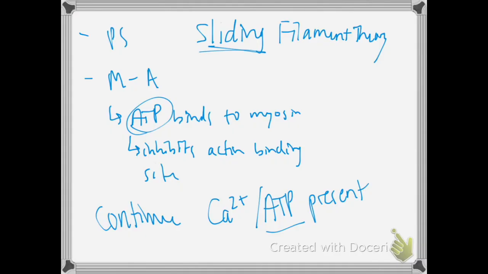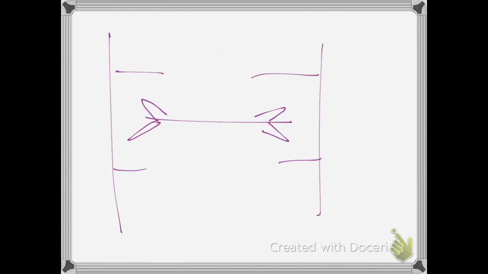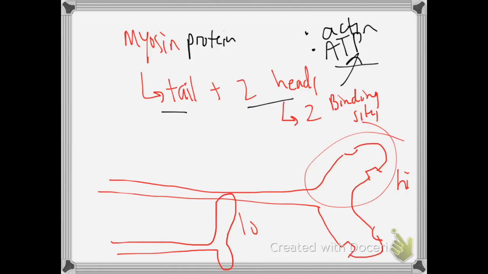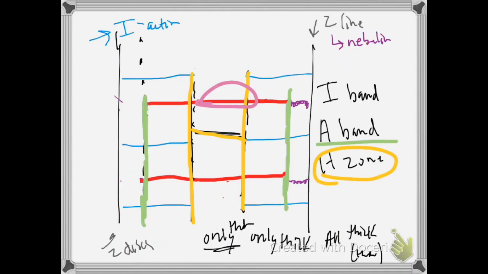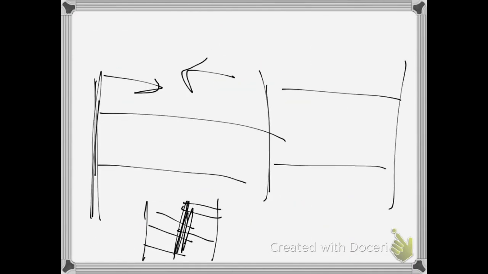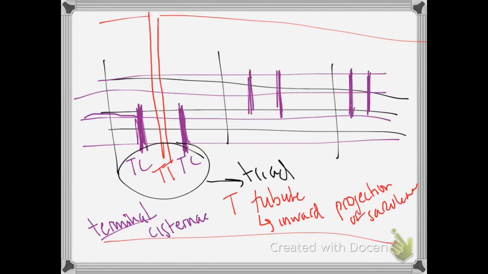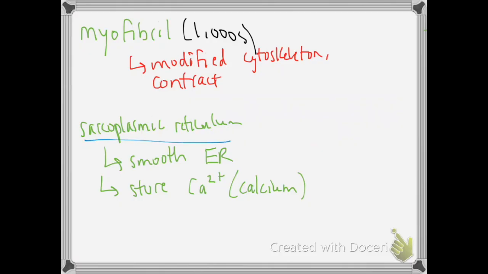But the question you might be asking yourself is, okay, this sounds great, but where am I getting this calcium from? So now we have to take a step back. We were looking deep into these sarcomeres, but we have to go back to the myofibril, because we know that the myofibril is surrounded by this stuff called sarcoplasmic reticulum, and this is where we're getting our calcium.